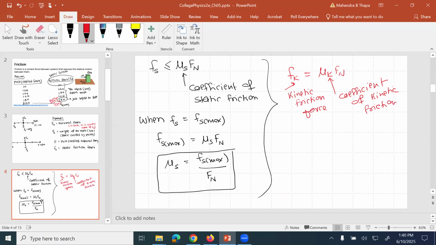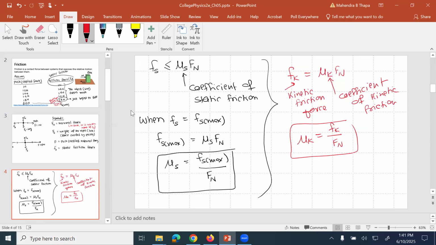So be careful that kinetic friction and coefficient of kinetic friction are not the same thing. Similarly, I can write mu k equals Fk over Fn. The equations of the coefficient of static friction and the coefficient of kinetic friction look very similar, but they have different meanings.